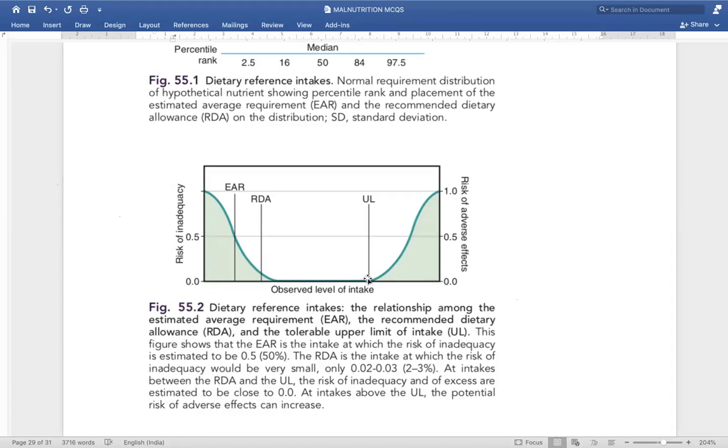And after the upper limit, the side effects start and keep increasing if you give more vitamin A, or any vitamin. So the upper limit is the safe dose without any side effects. RDA covers 97% of the population. Estimated average requirement covers 50% of the population.